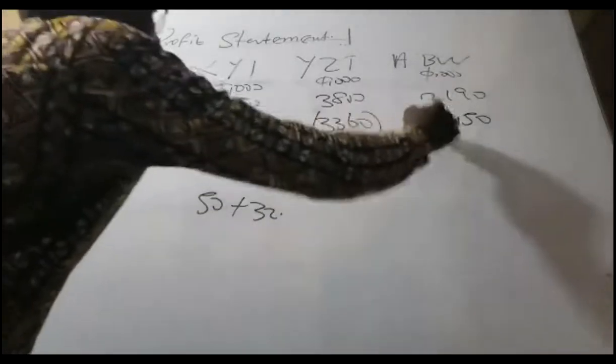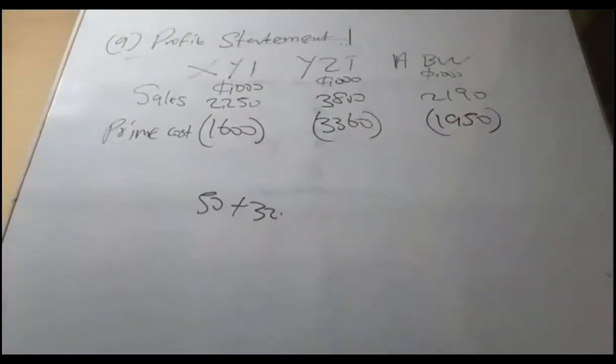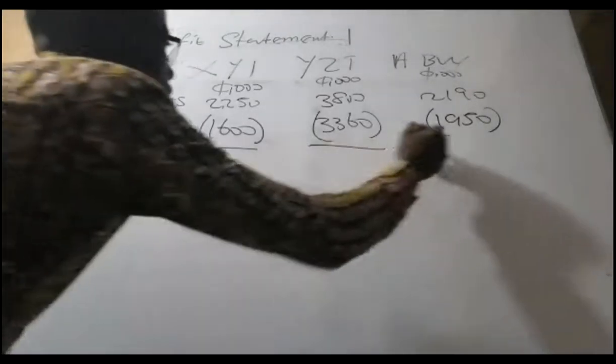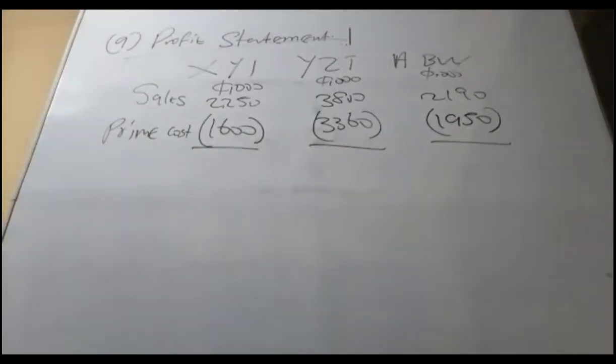Put it in a bracket nicely like this, because all costs must be subtracted in the profit and loss or income statement. So I'll get the direct revenue.